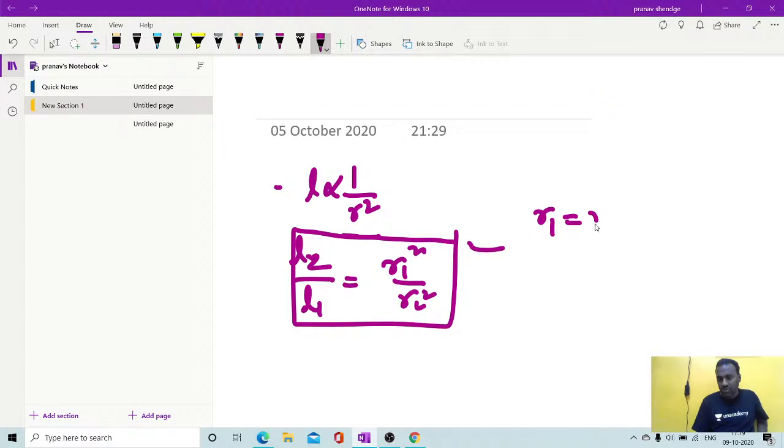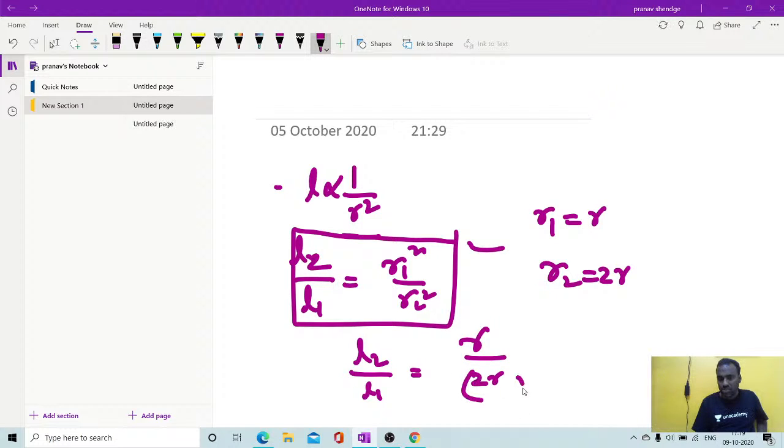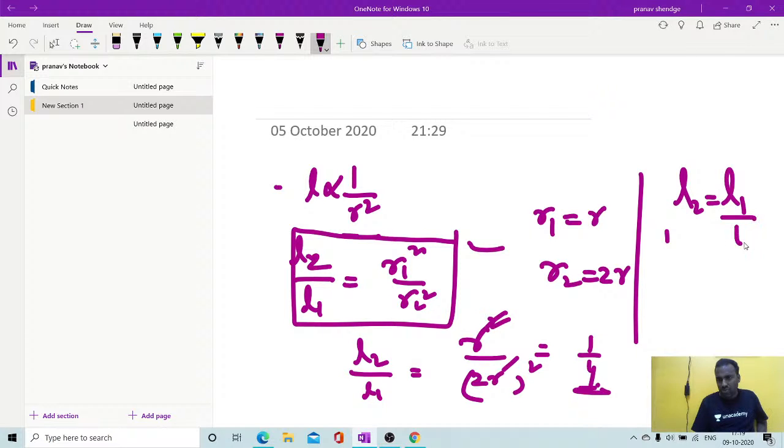Here R1 is equal to R and R2 is equal to 2R. Then L2 by L1 is equal to R whole square upon 2R whole square. So we get 1 upon 4. So finally L2 is nothing but L1 by 4.